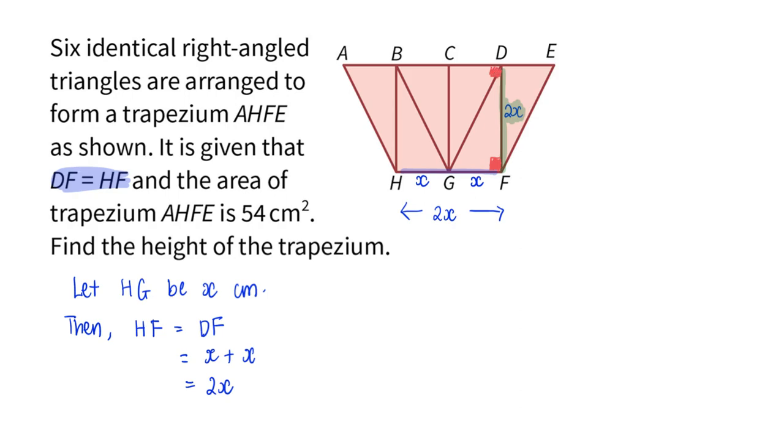Okay, so in this case here, I am going to do the following, because we are familiar with triangles, right? And there are 6 triangles. So for this particular question, I'm going to make use of my knowledge of the area of a triangle. First, I need to find the area of one triangle.